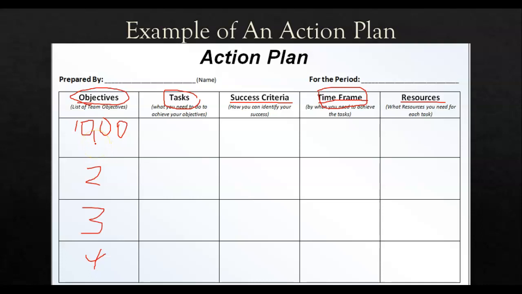Distribute 1,000 pieces of bread. That's your objective. Or maybe distribute 10,000. Let's put a comma here.